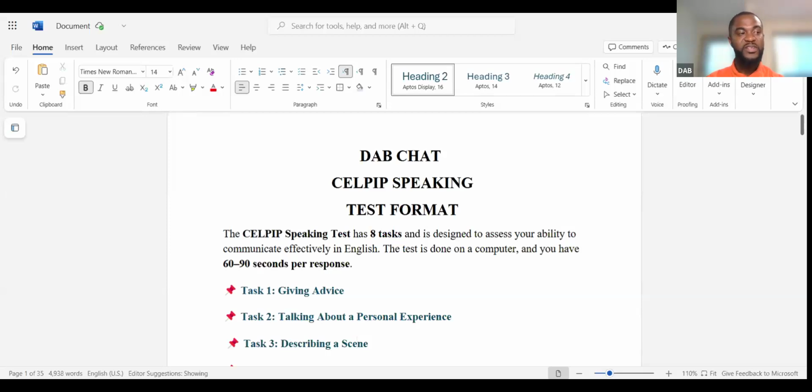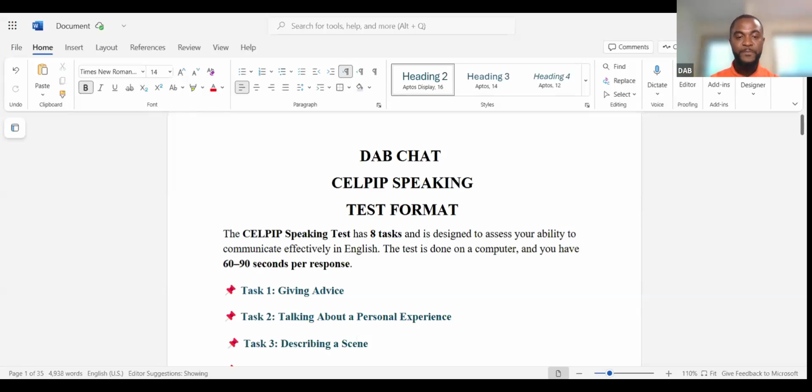But for the CELPIP speaking, everything is done on the computer. You'll be given a headset with a microphone so that everything that you speak will be recorded.